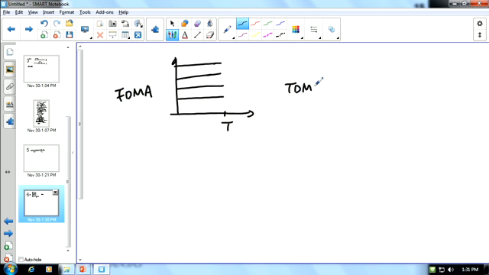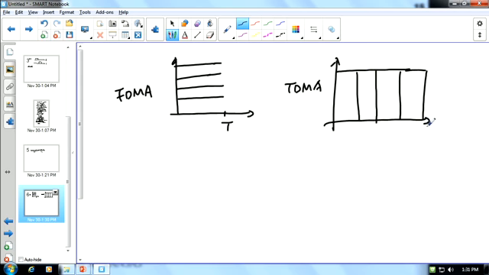For TDMA, we are transmitting everything in this entire spectrum, and we just divide it into time slots. We are considering the same bandwidth and the same time duration to make the comparison fair, so the B times T are the same. We divide the time into different slots.